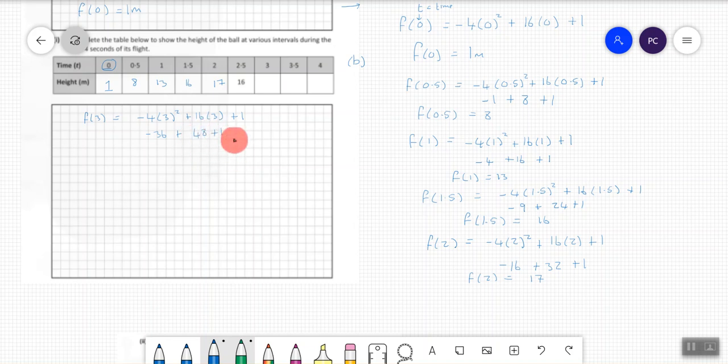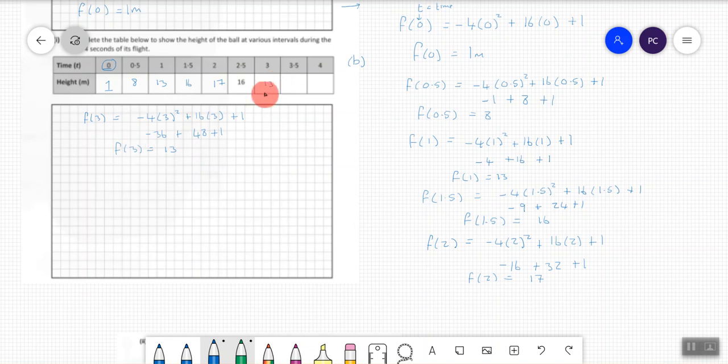So 48 and 1 is 49, and then minus 36. 49 minus 36 is equal to 13. So function 3 is equal to 13. So that goes in there.